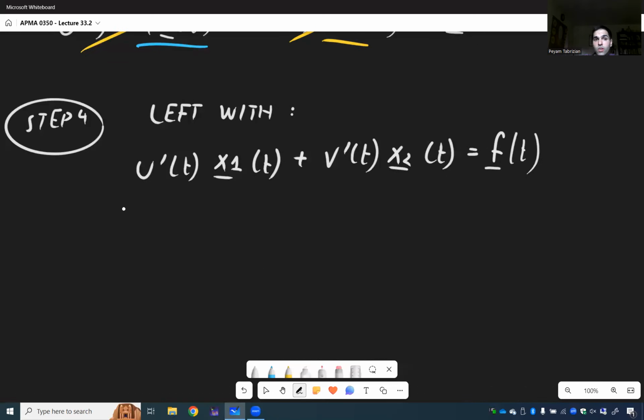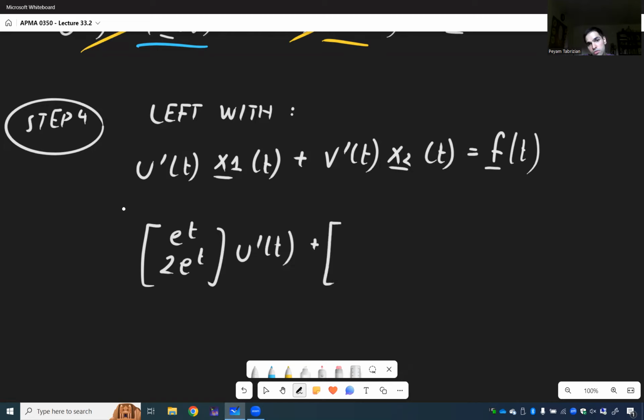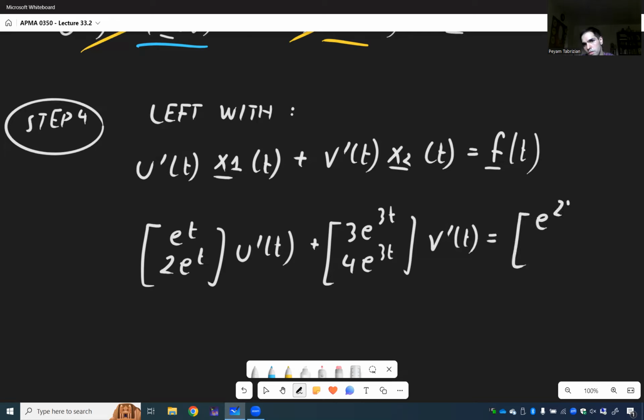And now let's just write down what x1 and x2 are. So e to the t, and then 2e to the t times u prime of t, plus 3e to the 3t, 4e to the 3t, times v prime of t, equals the inhomogeneous term, e to the 2t, 4e to the 2t.